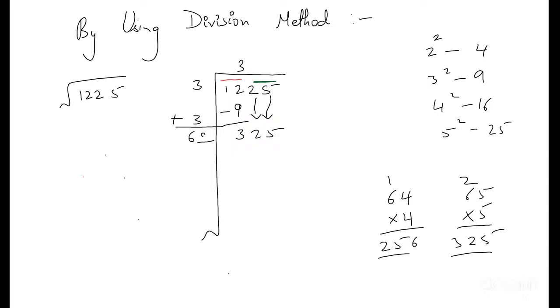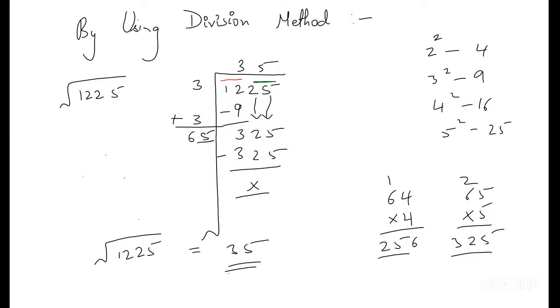So write 5 here, write 5 on the top, and write 325 here. Then we subtract and get 0. That is how we solve it. The answer is 35.